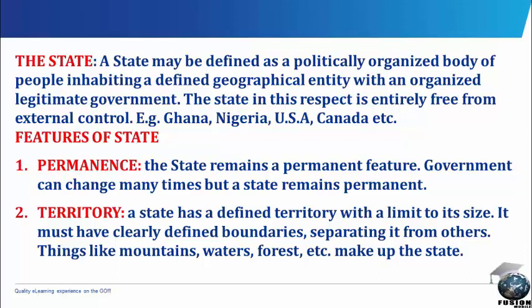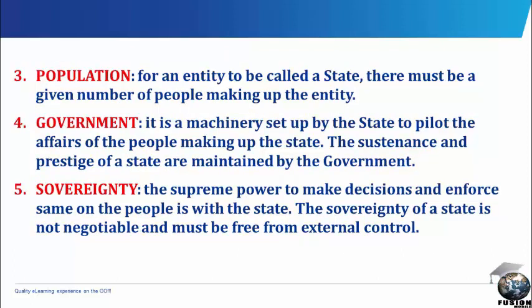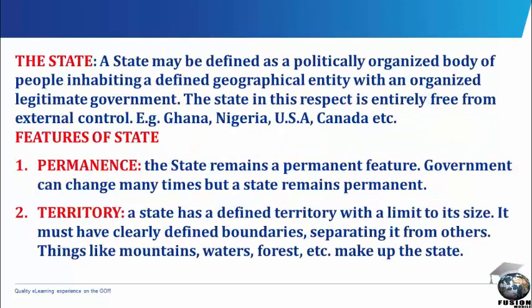In defining a state, we have four major concepts that must be seen for the state to be defined correctly. And these words are as follows. We have what we call territory, we have government, we have population, and we have sovereignty.